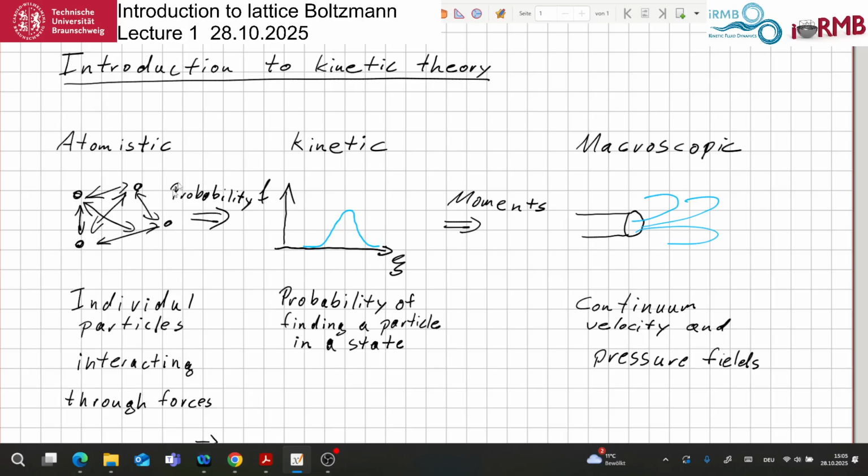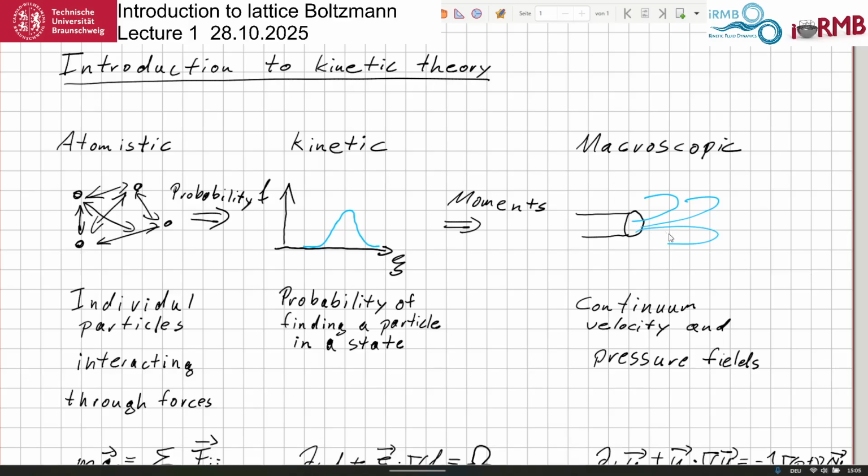On one end, physics is made out of atoms, and these atoms interact with forces. Each atom is an individual, if you like, and all of them interact with forces. And then we have another end where we describe matter as a continuum, and we describe it by differential equations. These two things you know.